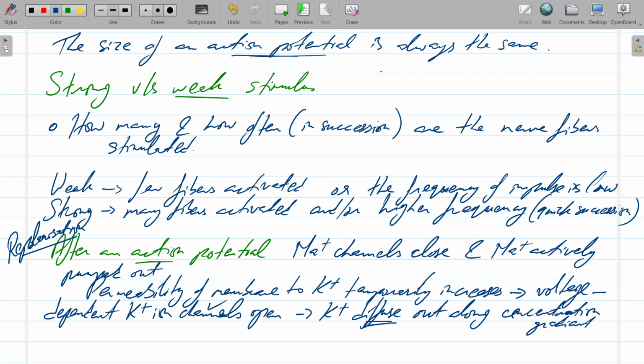And again, it's not just concentration, it's also electrochemical. So now what's happening is that the inside of the axon actually becomes a bit more negative. So instead of -70, it goes to -80.